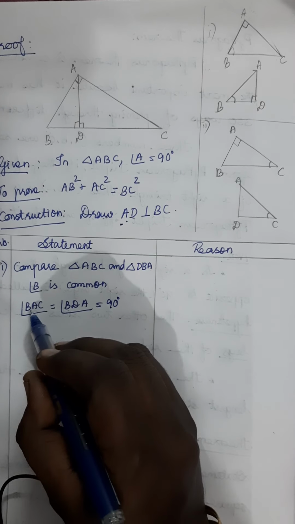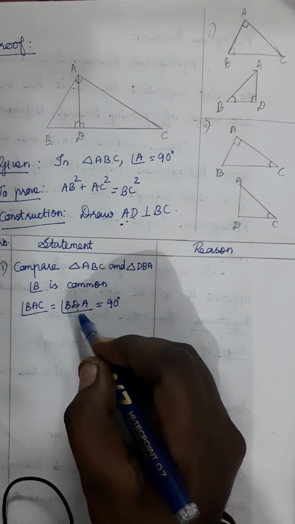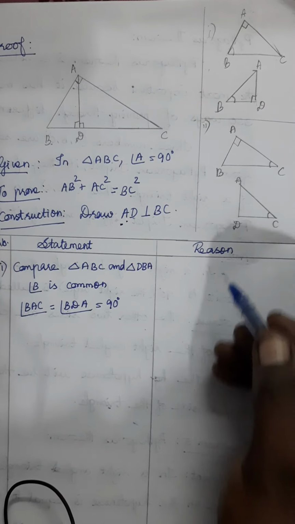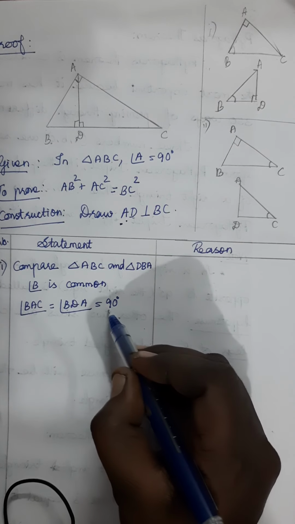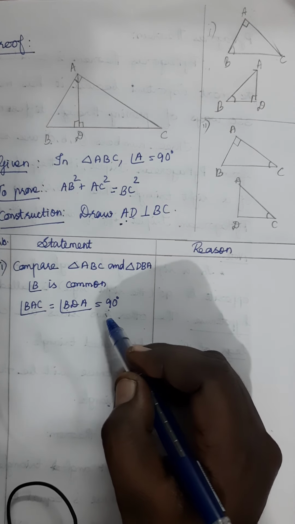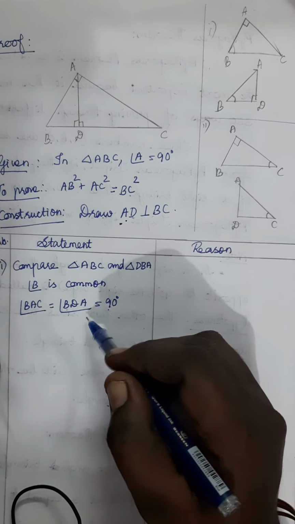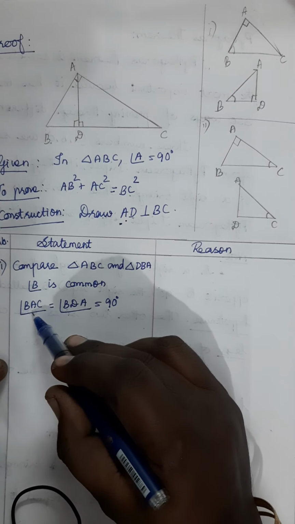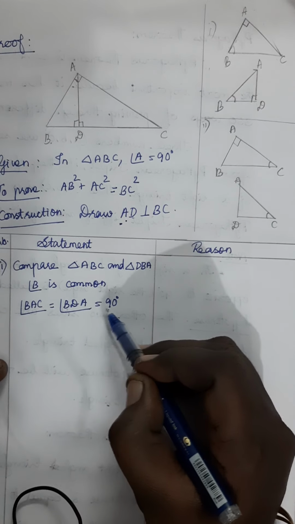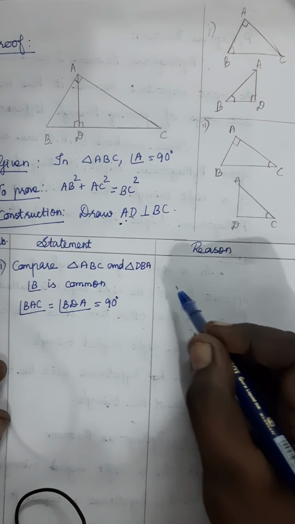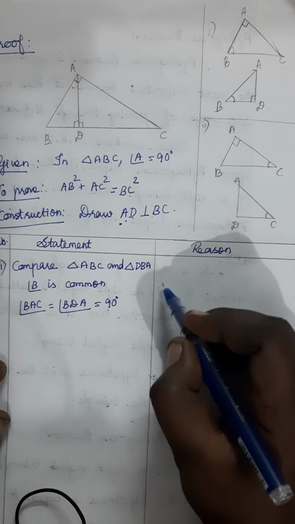Okay, it is from the big triangle, it is from the small triangle. Understood? So how to write the reason? This is given in the question. We took the angle BDA, it is by the construction. Okay, this angle BAC is from the given part, BDA equal to 90 degrees from the construction part. That we can write in the reason.